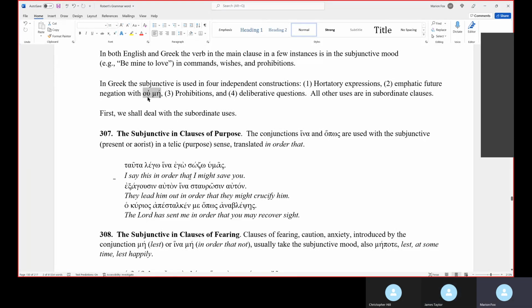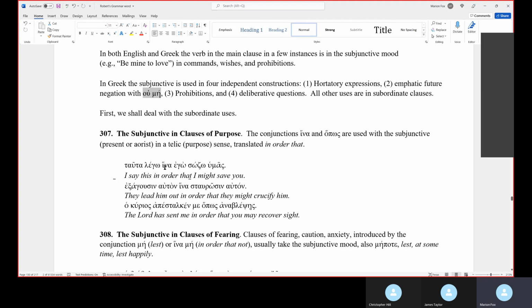There is a form may where these two are reversed, and that doesn't carry the emphatic. So it's a little bit different in meaning. About 4 or 5, maybe half a dozen times in the New Testament, may is found, but may is found a number of times. Okay. Now, any questions? All right.